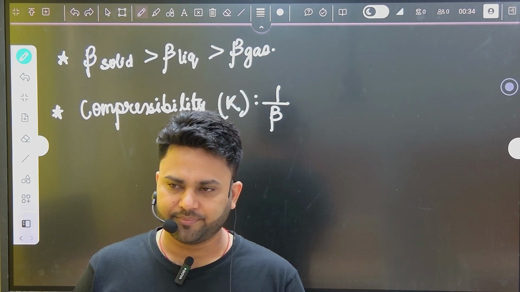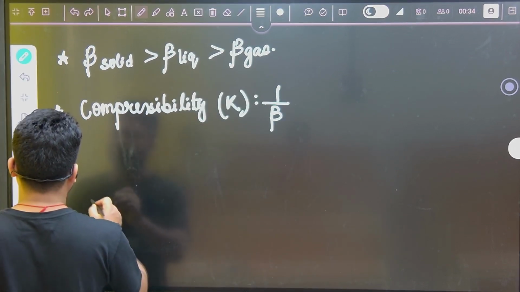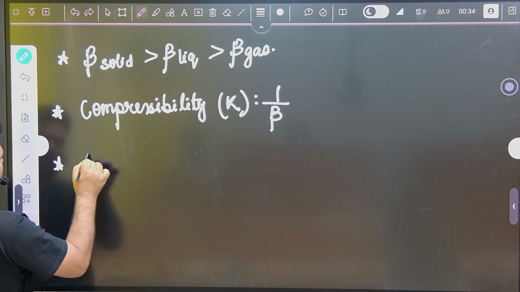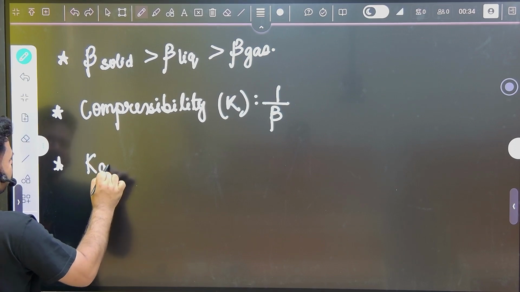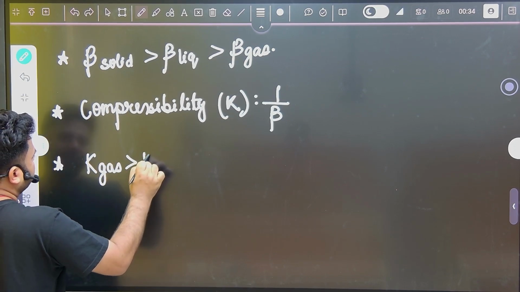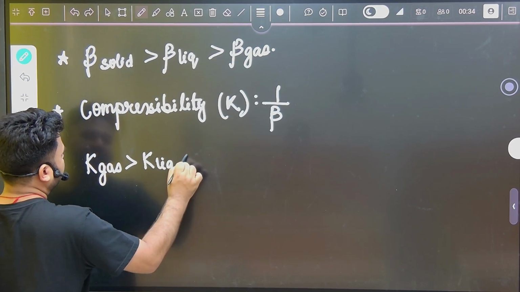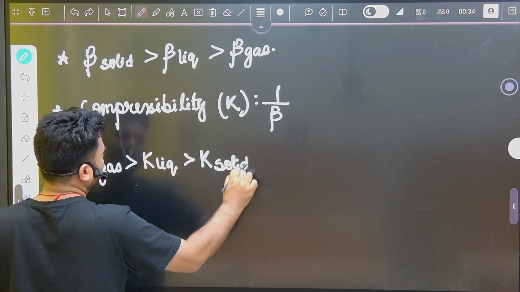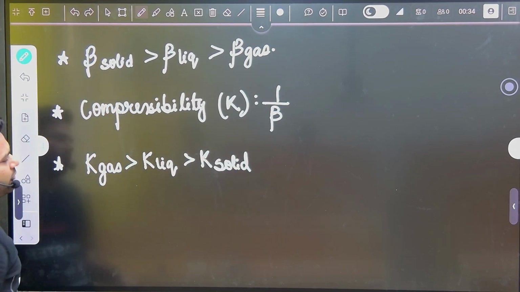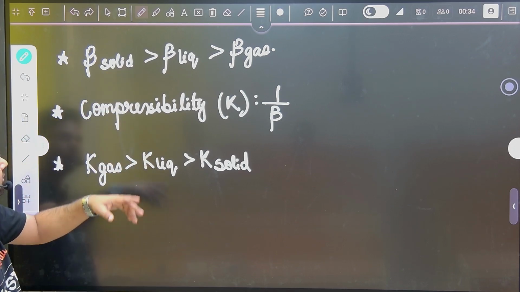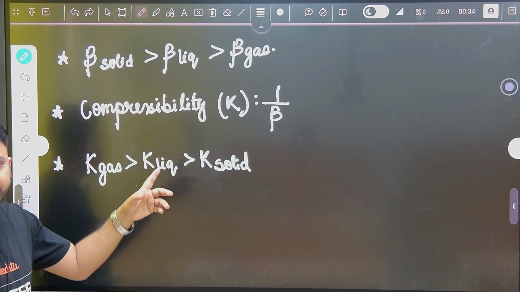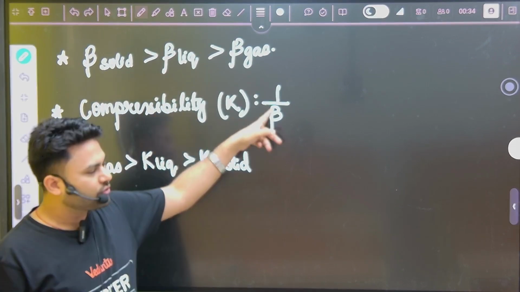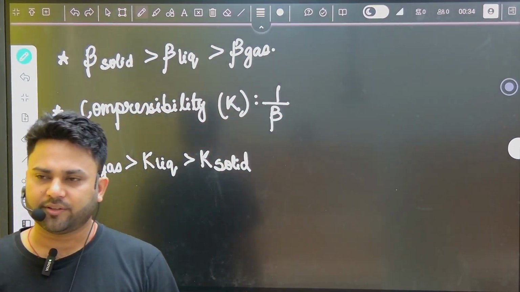Gas. Compressibility of gas is maximum, followed by compressibility of liquid, followed by compressibility of solid. So solid compressibility and bulk modulus are reversed: here it is solid, liquid, gas; here it is gas, liquid, solid. So compressibility equals 1 by bulk modulus.